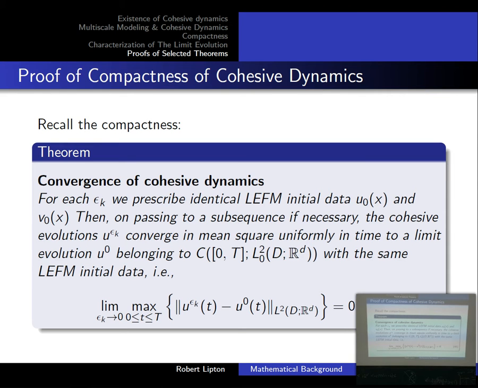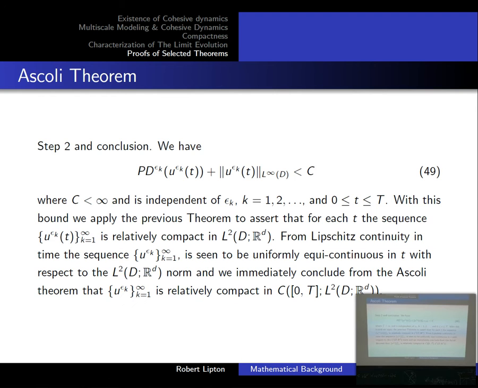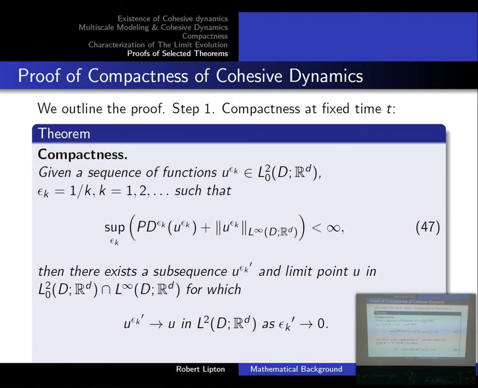Now what we want to do is show uniform compactness, and we'll just use the Ascoli theorem. How do we use it? For each fixed time, we have the following nice result.